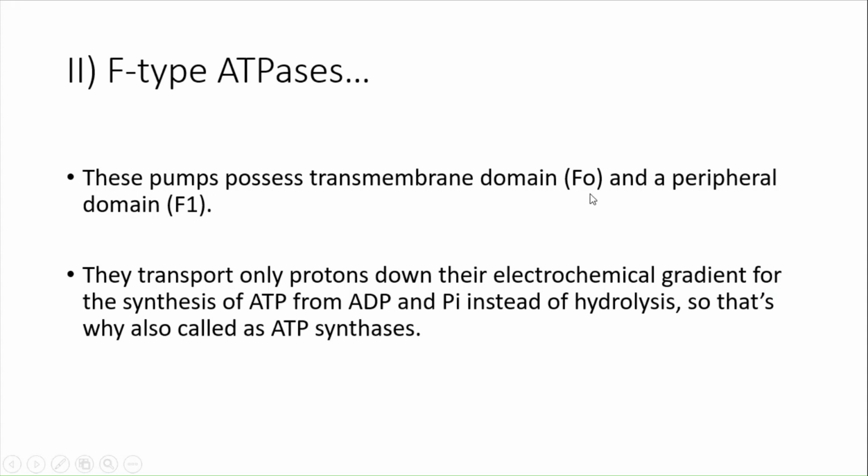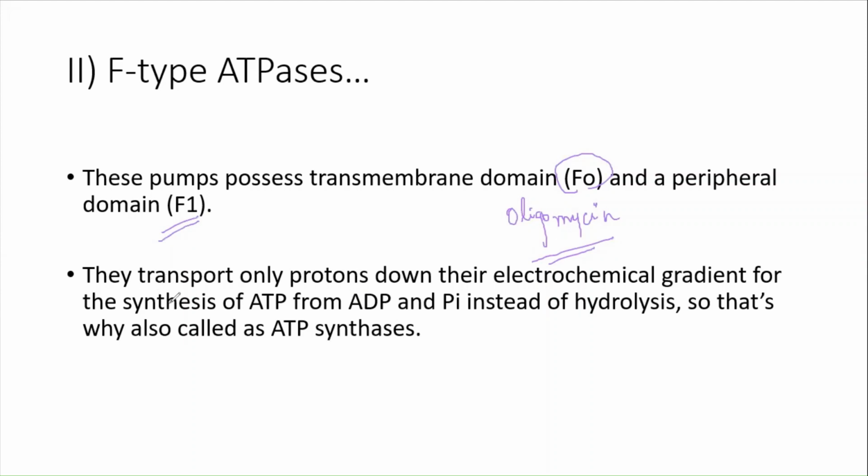O because the antibiotic oligomycin can inhibit this particular transmembrane domain, so it was given O, but we read it as F0. Since it was being read as zero, we have given this other domain as F1.